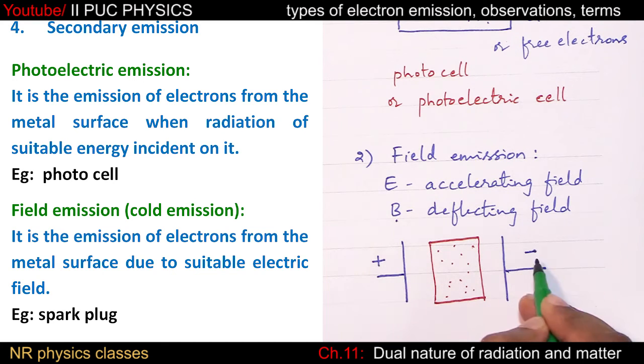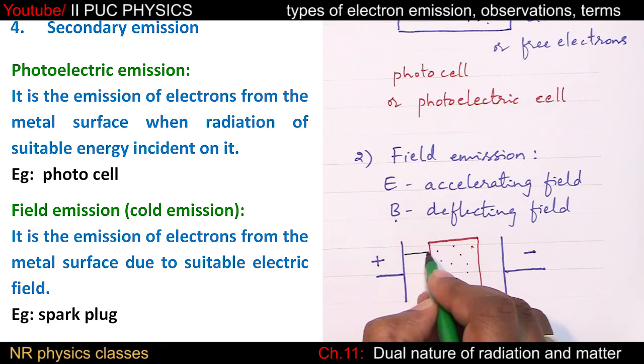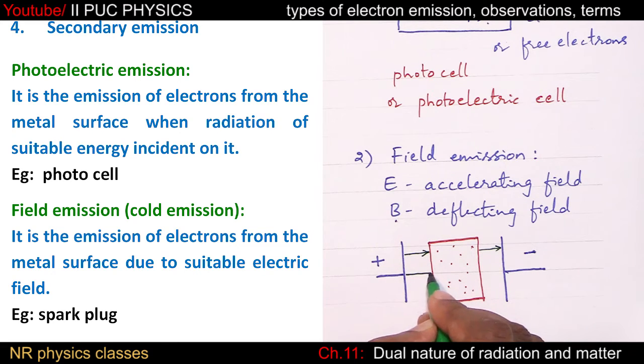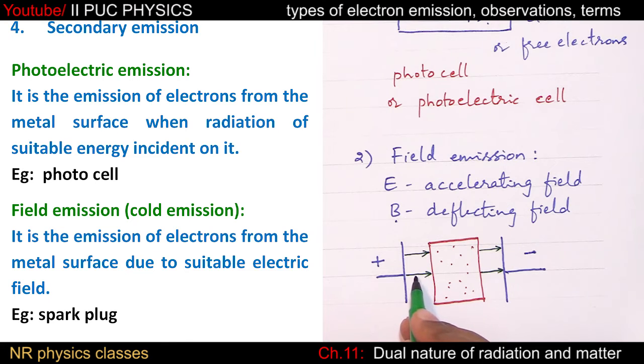Because of positive and negative, there is an electric field, and you know the direction of the electric field is from positive to negative. So this is the direction of the electric field. You also know that the electric field is not present inside the metal. The net electric field inside the metal is 0. So this is how the electric field looks between the plates and in the presence of this metal.